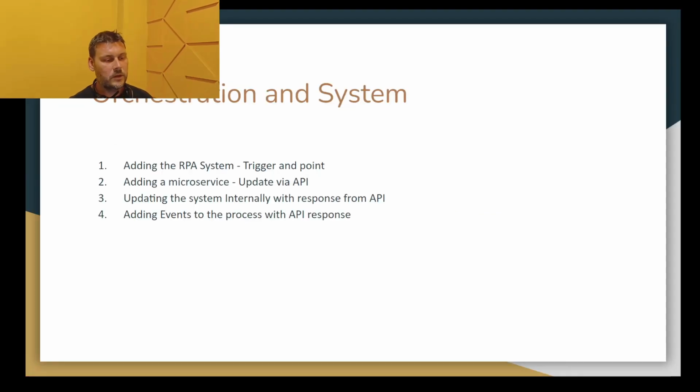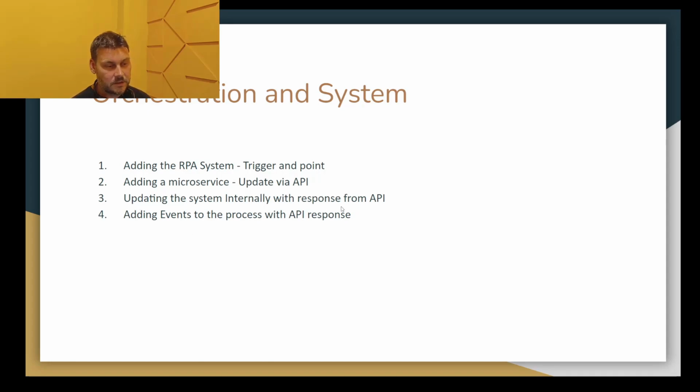So just to summarize, we added our event and our time. We added a microservice, which is a very small piece of code to update a system, in this case, the HR system.